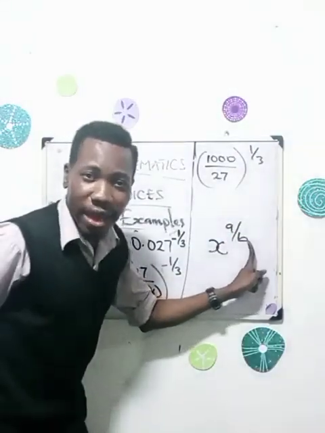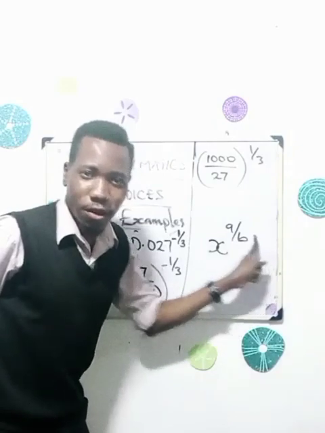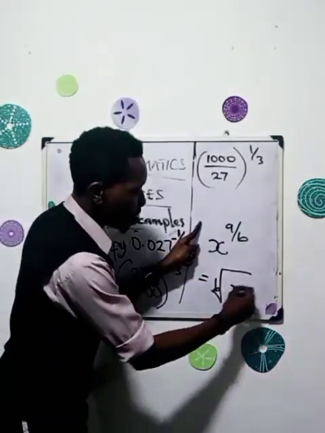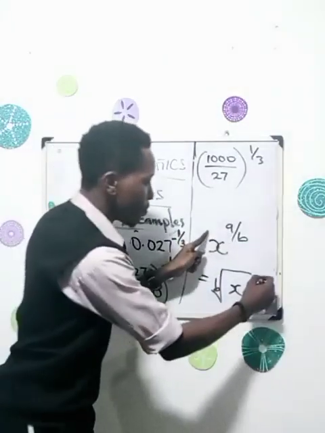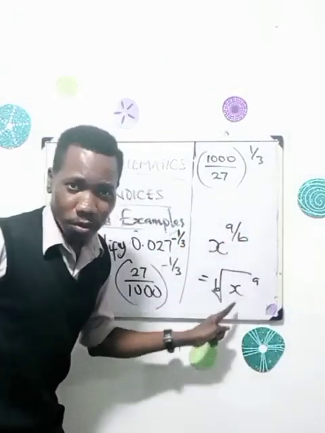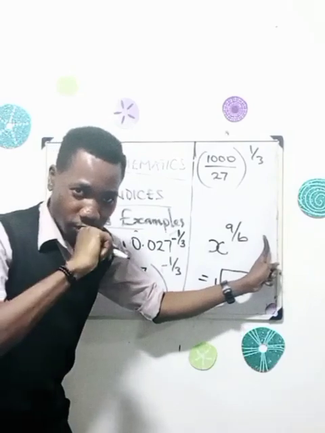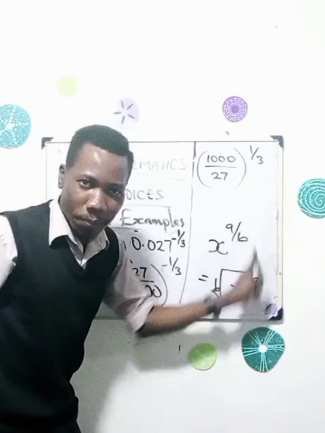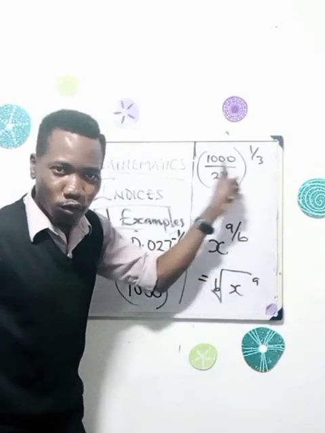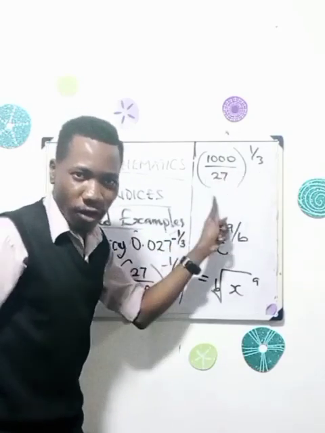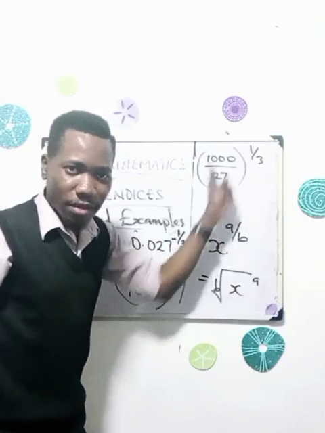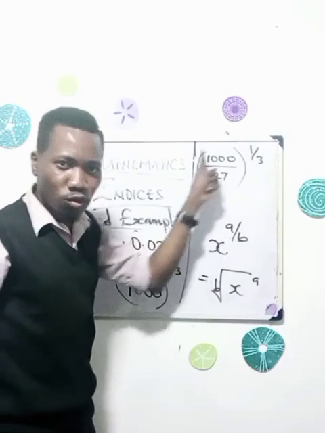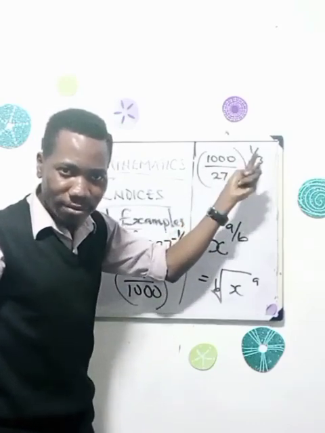That is, the b you have as the denominator of this fraction will become the b root of x. This 3 becomes the root of all this, because you see all these are in the bracket, so this is affecting both numbers.